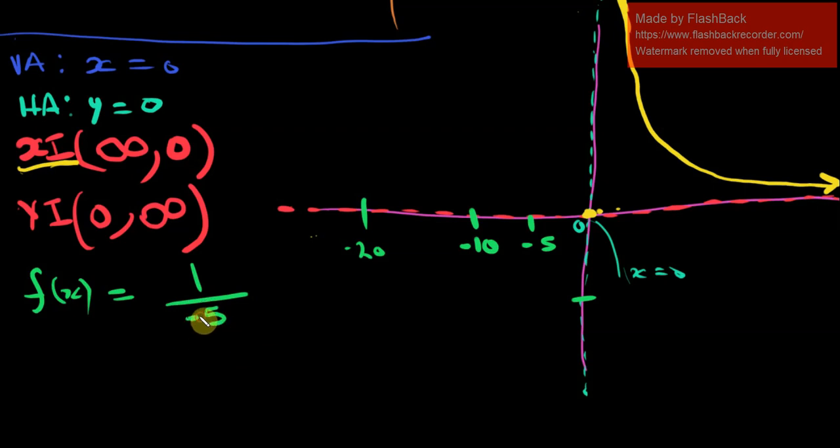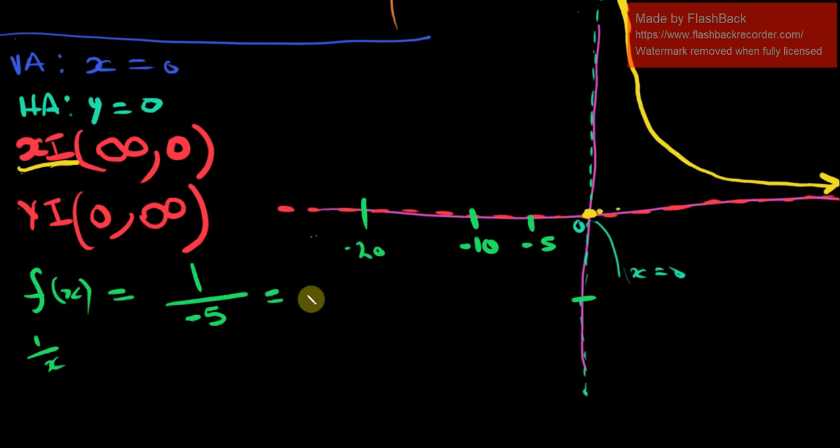Well, the graph is 1 over x, so when x is minus 5, the value is minus 1 over 5.